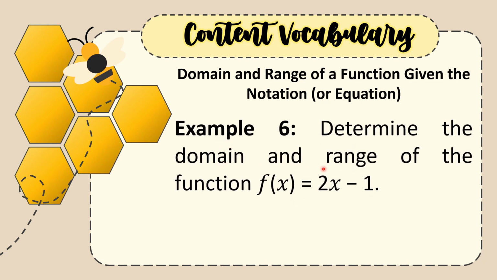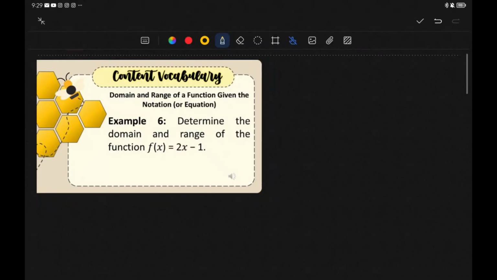Determine the domain and range of the function f of x is equal to 2x minus 1. For example number 6, we are going to notice that there are no limitations in the domain of the given function. We can use any values for this function. Also, there is no limitation in the range. Hence, the domain and the range are the set of all real numbers.